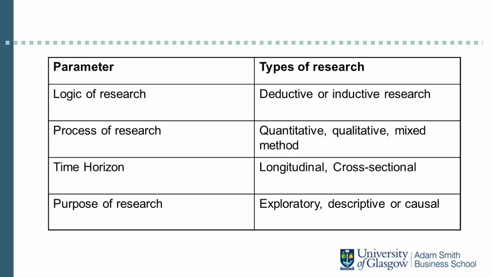Finally, given the purpose of research, we can talk about exploratory, descriptive and causal research. There is a level of interdependency between those parameters. For example, survey research would typically be deductive, quantitative, cross-sectional and either descriptive or causal. However, there is also a level of flexibility. For example, if you repeat a survey, then you may generate longitudinal design based on survey data.